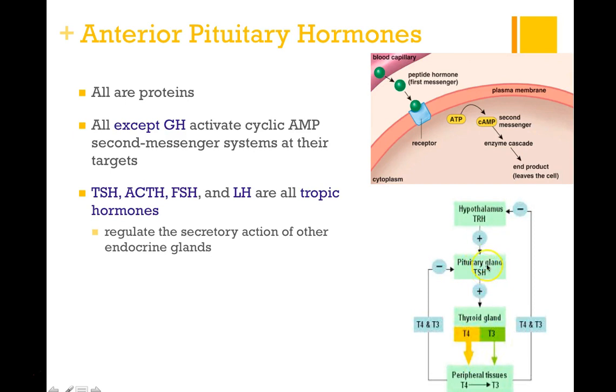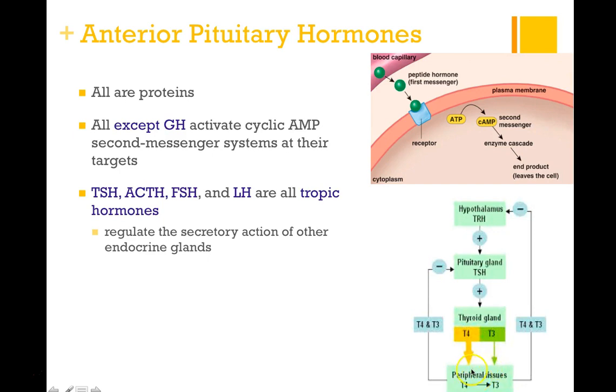Now we know this is the anterior pituitary gland where it'll be released. That hormone then travels through the blood to the thyroid gland to tell it to release thyroid hormones T4 and T3, which will then go to our peripheral tissues in order to set a basal metabolic rate.